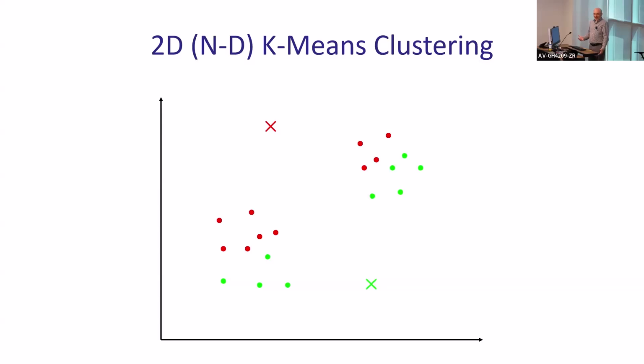Now, based on the closest neighbor, which is just the distance to each one of these points in space, Euclidean distance or any other distance, this will be colored as green, clustered as green, and this will be clustered as red, because upper ones are closer to the red and bottom ones are closer to the green.